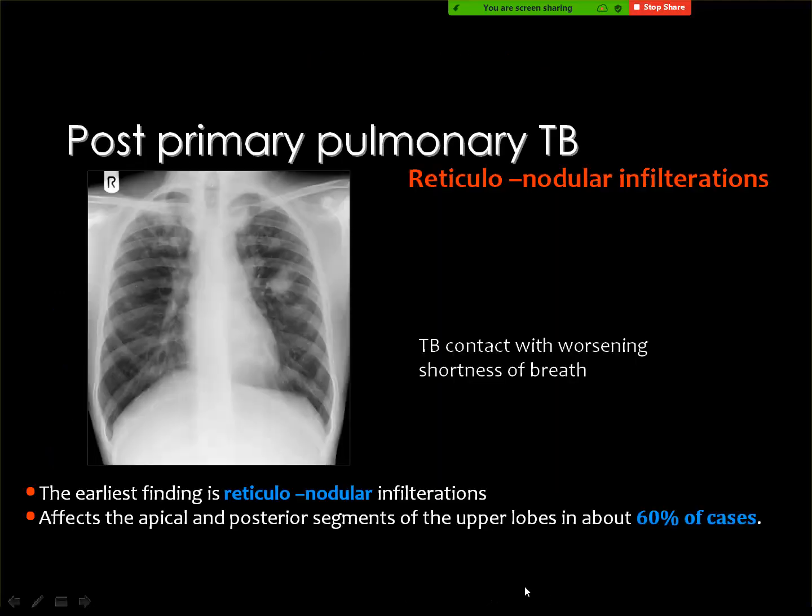Then you should remember that post-primary tuberculosis will present with reticulonodular infiltrations in the upper lobes or in the superior segments of the lower lobes. And these nodules may vary in size, and they are usually big in patients who are immune compromised.